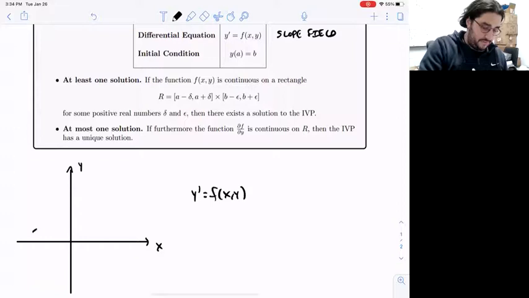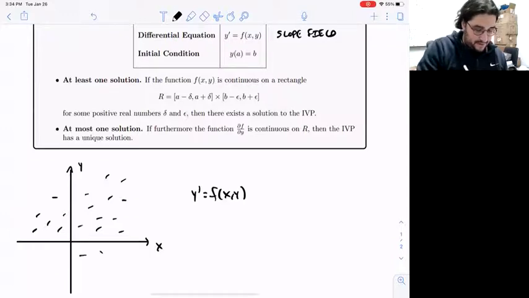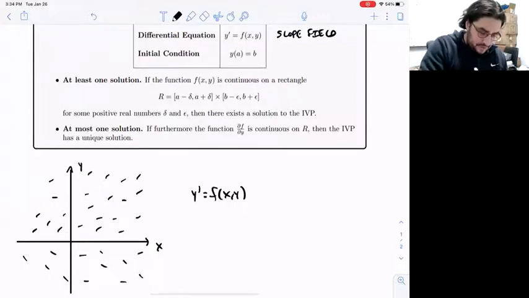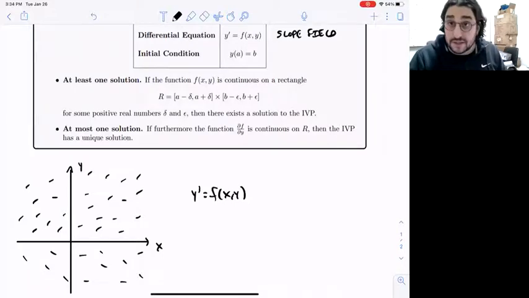Slope, slope, slope, slope, slope. You have a slope at each point. I didn't specify a formula here for f of x, y, so I'm just drawing some random little tick marks to indicate slope, but this is the image that you put in your head.